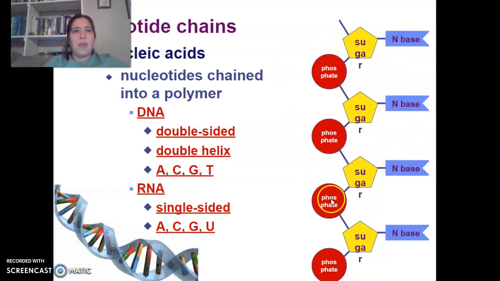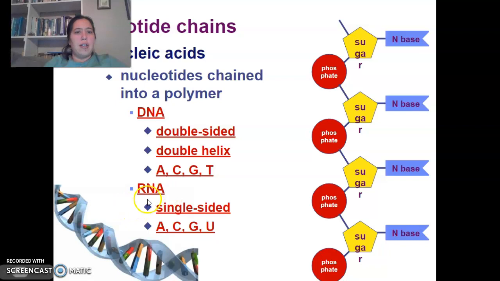All right. Now, nucleotide chains form these nucleic acids. And remember, this is called a polymer when we have these repeating segments over and over again in a molecule. For DNA, again, as we saw on that first slide, it's a double-sided structure that naturally goes into a double helix, so it's kind of like a spiral staircase. And the rungs of that staircase, or those nitrogenous bases, are going to be adenine, cytosine, guanine, and thymine, or ACGT.